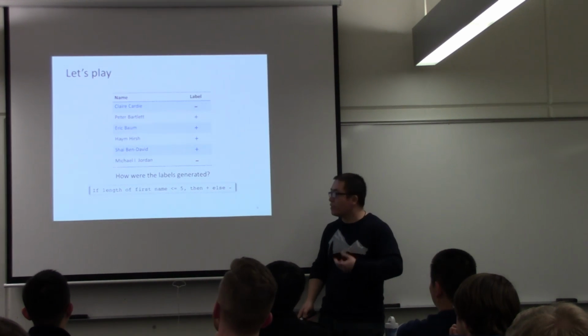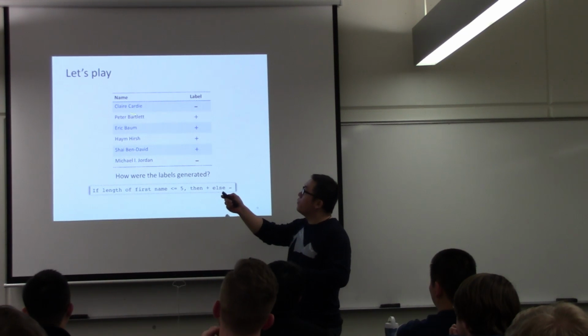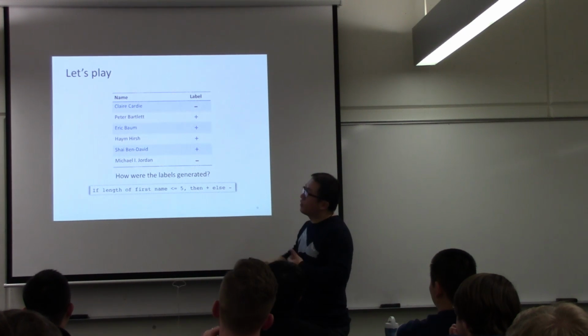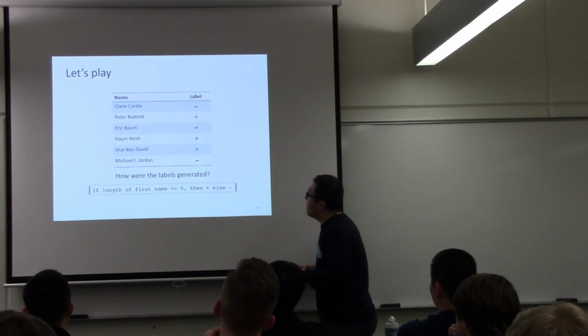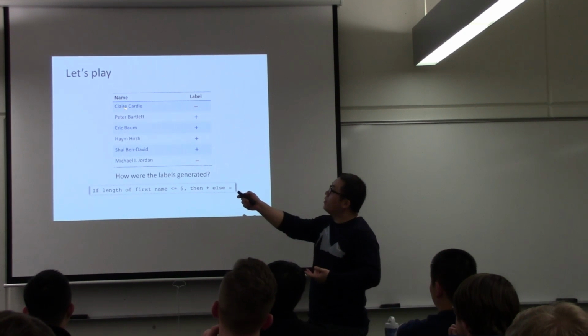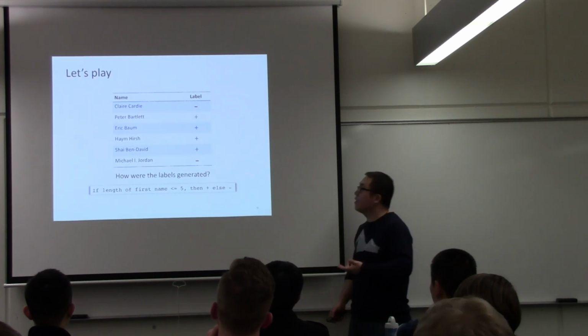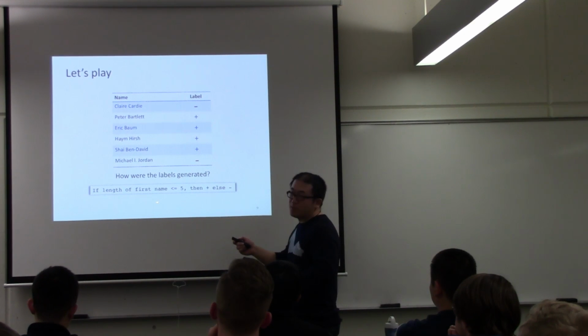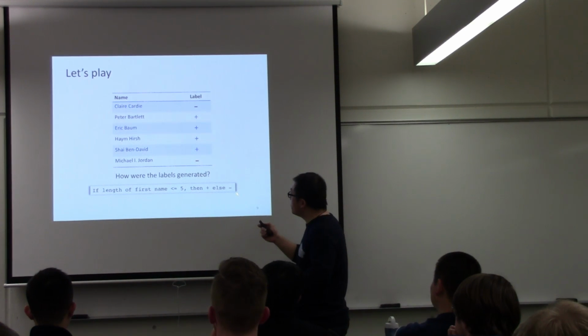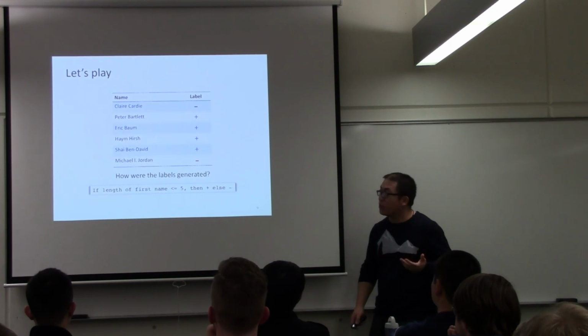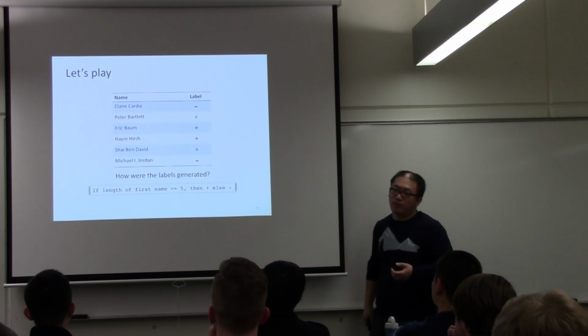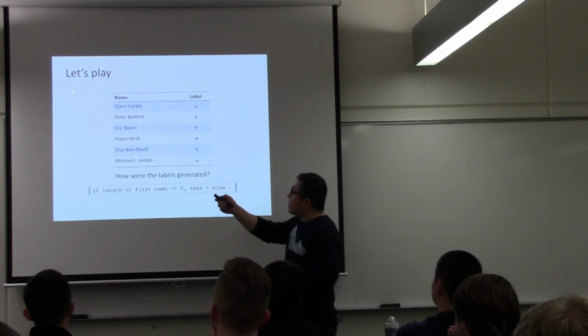In our first instance, Claire Cardio, the first name is Claire. What's the length of the first name? 6, so it is bigger than 5. We should produce negative according to our learned function, and that is correct.